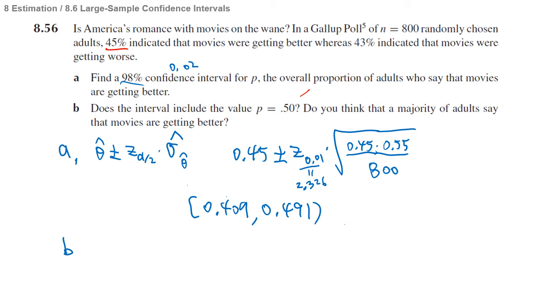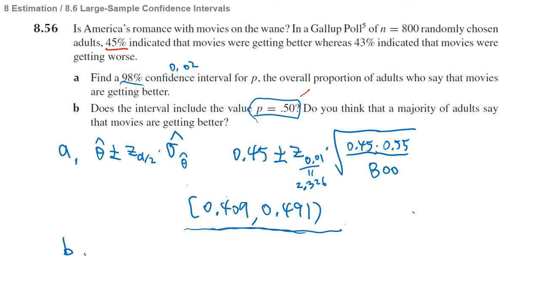And what would be the answer for question B? Does the interval include the value p equals 0.5? Do you think that a majority of adults say that movies are getting better? The confidence interval for the proportion saying movies are getting better does not include p equals 0.5.